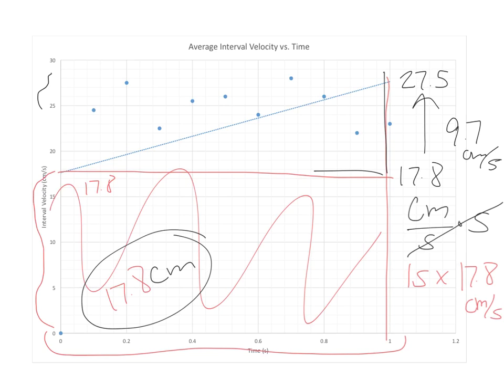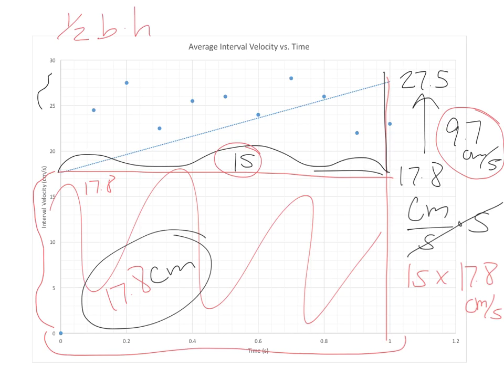Okay, now what about the width of the triangle? Well, the width is just from here to here, which is 1 second. So I'm going to take 1 second times 9.7 centimeters per second. But don't forget, for a triangle, it's 1/2 base times height.